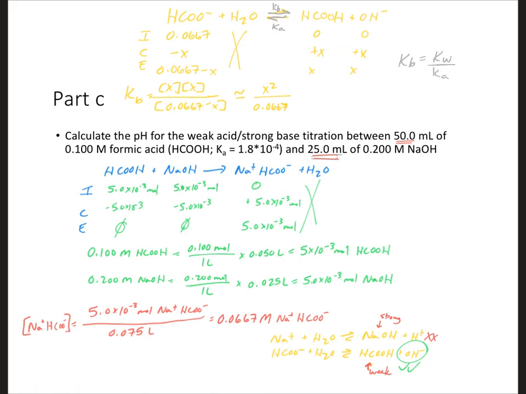So we see that Kb equals Kw over Ka, and we already know what Kw and Ka are. We do the math, we get 5.56 times 10 to the minus 11, and so we can use that value here. We can say that x squared over 0.0667 equals 5.56 times 10 to the minus 11.